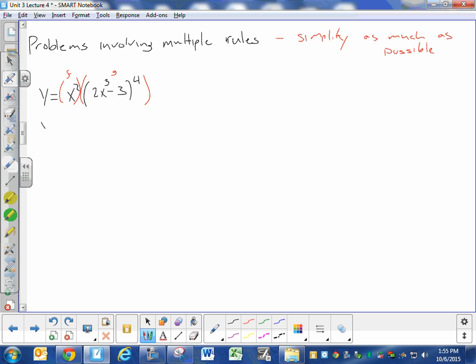Okay, good. So let's find this derivative. The derivative of the product will be the derivative of the first times the second, plus the derivative of the second. I'm going to do this up here just so that we are comfortable with it.